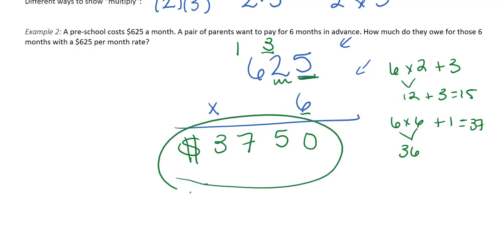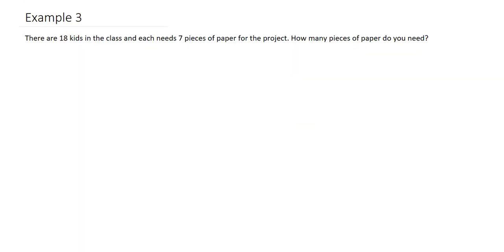Now let's look at another example. So example 3. There are 18 kids in the class, and each needs 7 pieces of paper for the project. How many pieces of paper do you need? So this is for the teacher to figure out how many pieces of paper they would need. So we're going to put the 18 on top because it's a larger number, the 7 below, and we multiply.